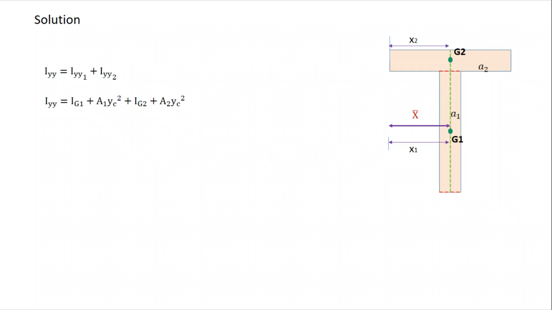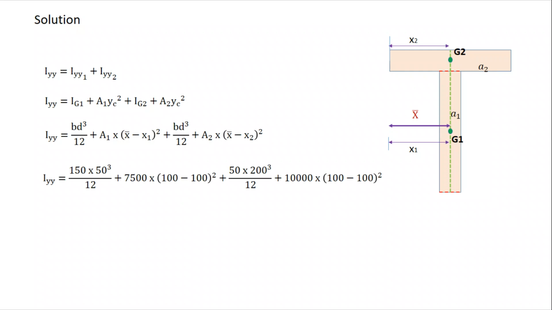Here we add the A1 and A2 moments of inertia: Iyy1 plus Iyy2. So Ig1 plus A1 xc square plus Ig2 plus A2 xc square. Again, putting the Ig value, it is BD cube by 12 plus A1 into (x bar minus x1) square, plus BD cube by 12 plus A2 into (x bar minus x2) square.